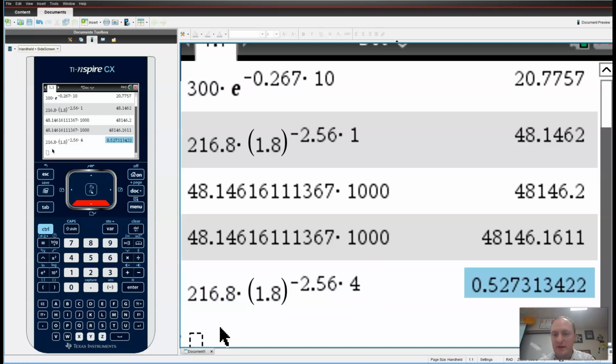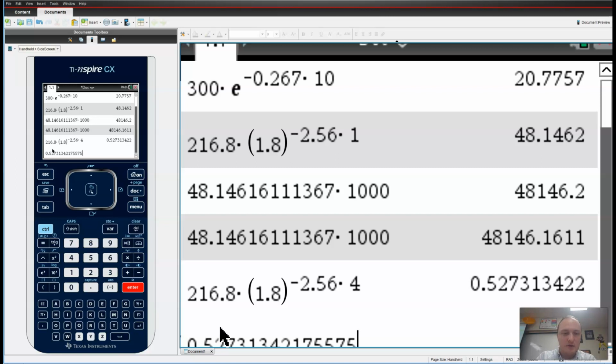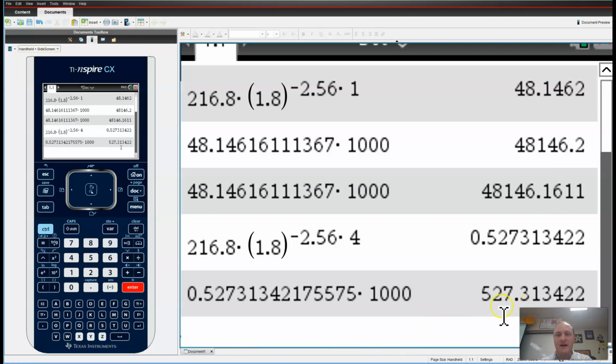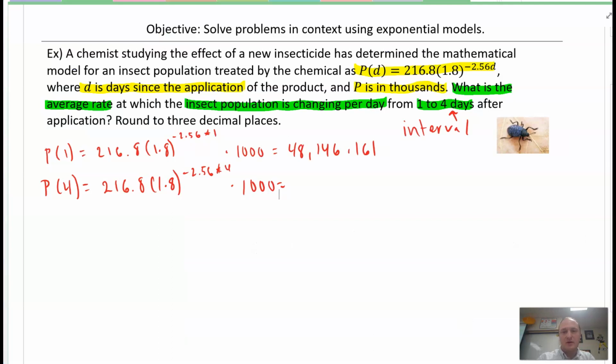So I'm going to take this value and multiply by 1,000. And we get 527.313. Okay. All right, so I have my two output values.